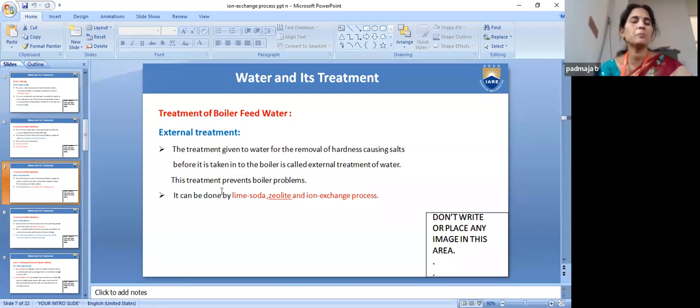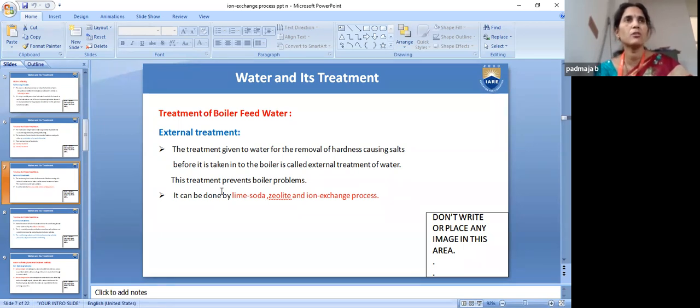This treatment prevents boiler problems. If we use hard water, we get problems like boiler corrosion, and precipitation formation in the boilers, namely scale and sludge, which are precipitates formed around the walls of the boiler.